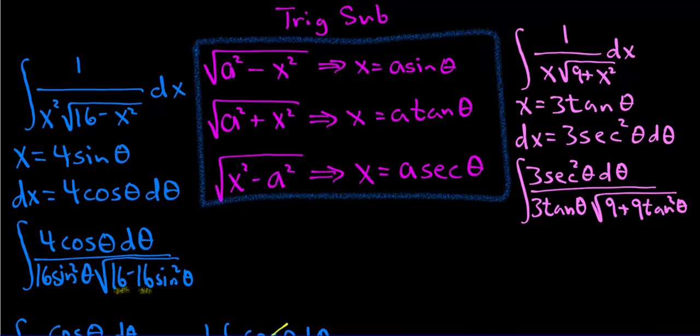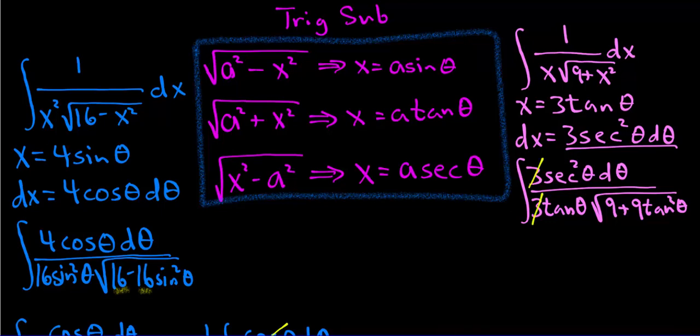Now, one place people make mistakes a lot of times is they'll forget to substitute in the dx with this thing right here. In other words, they might just change dx and call it d theta. So be careful about that. Okay, now let's see what we can do immediately.